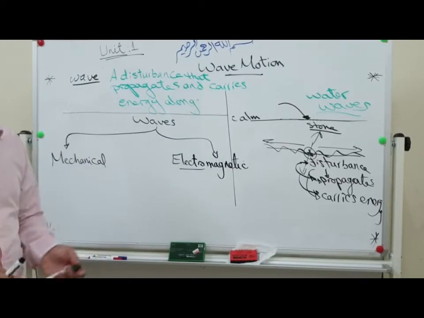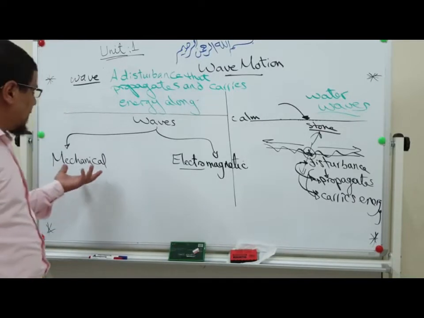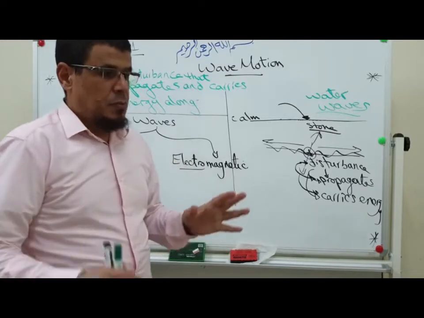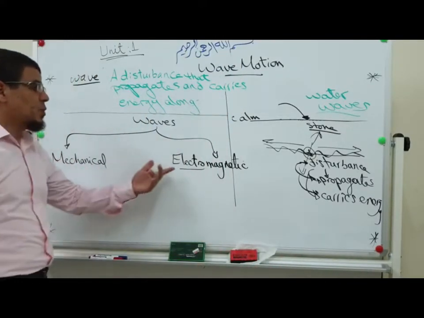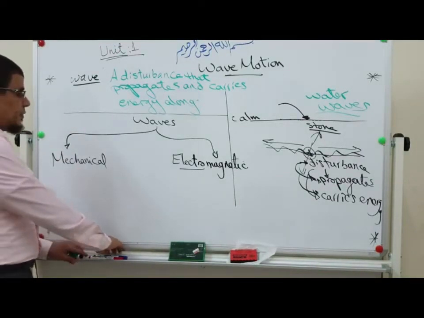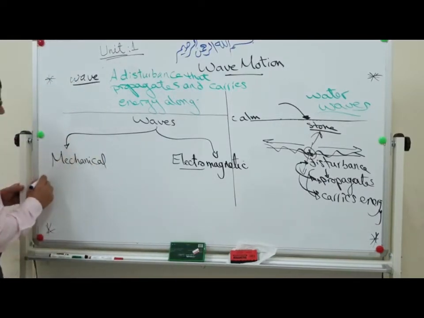Are they the same? Of course not. They are different. What is the difference between mechanical waves and electromagnetic waves? Before I tell you the differences, I want to give you examples. An example of mechanical waves is sound waves.